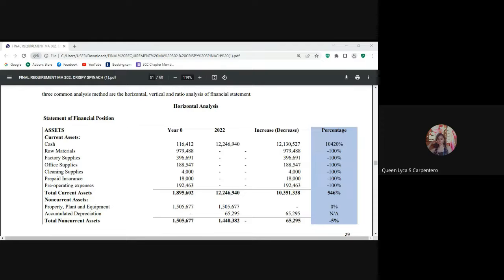Same sa pagkuhaan niya sa percentage ang year 0 o year 2022. Ang total percentage niya sa total current asset is 546 percentage. So nganong why 100% man ang sa raw materials and factory, office supplies, cleaning supplies, and prepaid insurance and pre-operating expenses kay ang decrease man niya kay minus na.